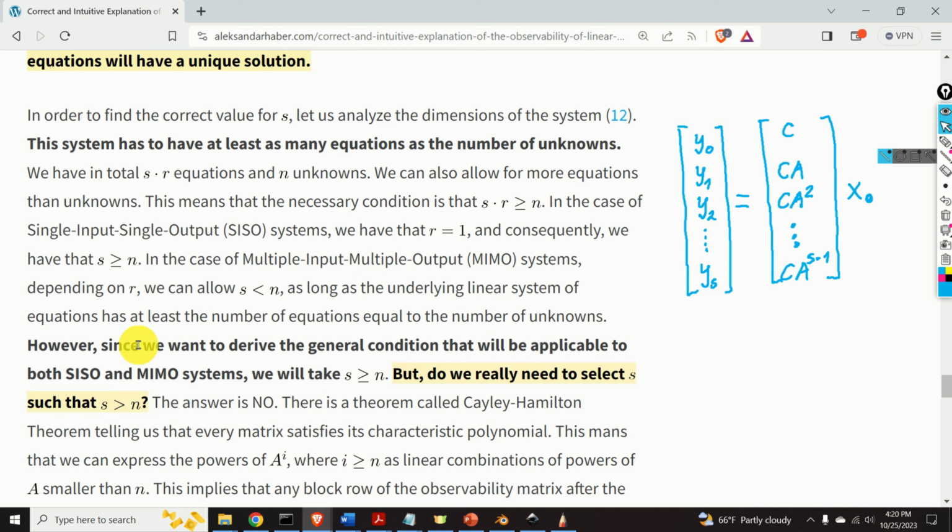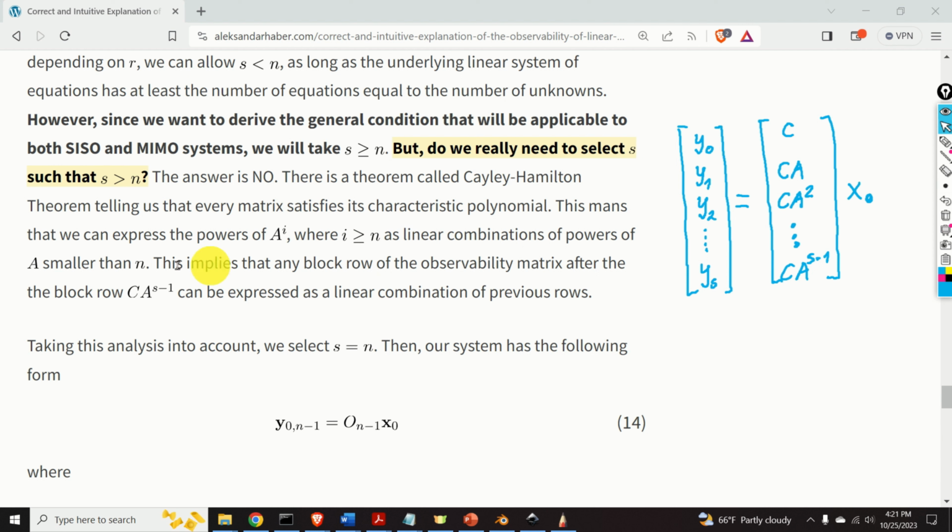This means that we can express the powers of A^i, where i is greater than or equal to n, as linear combinations of powers of A smaller than n. This implies that any block row of the observability matrix after this block can be expressed as a linear combination of previous rows.